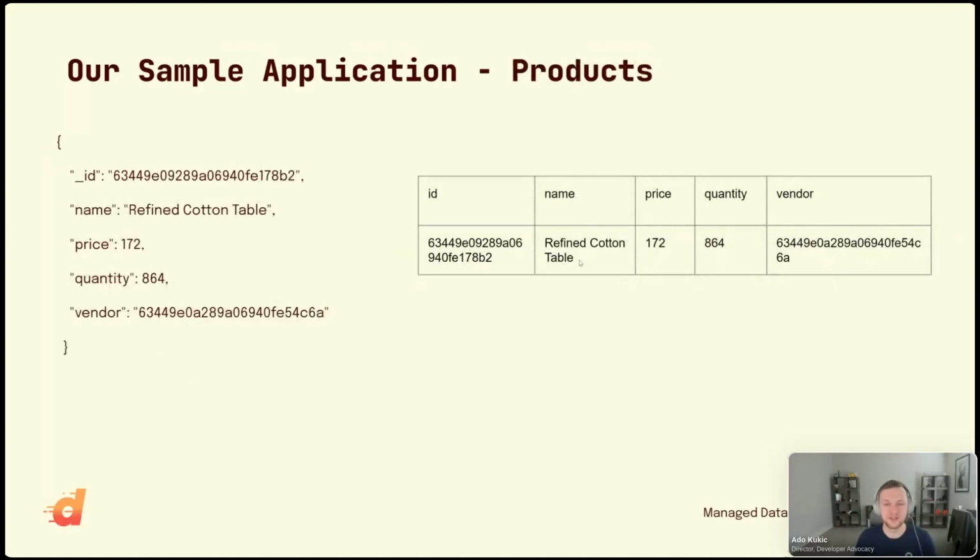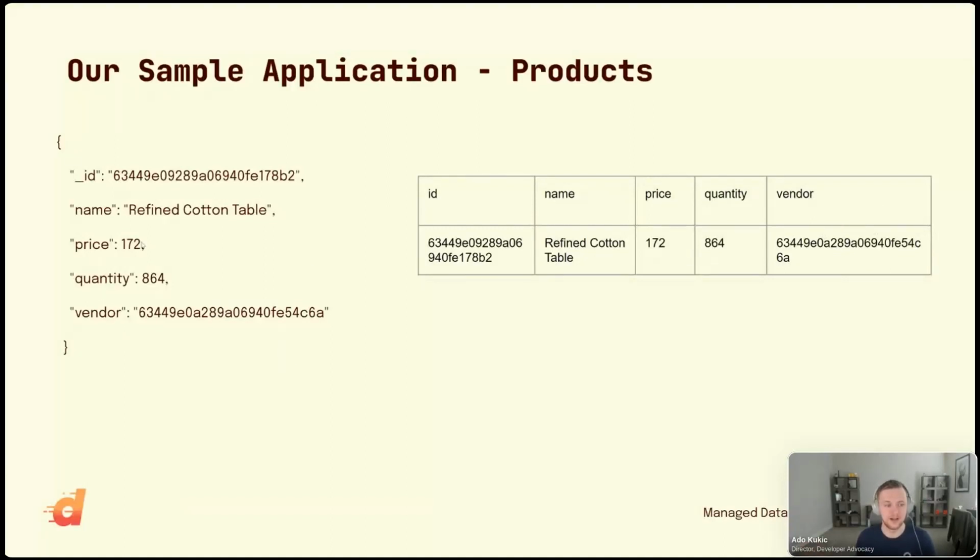On our products table or our products collection, we're going to have the name of the product, their price, their quantity, and who the vendor is. In my case here, I represented the vendor as an object, basically as an ID. In the traditional SQL world, whether it's MySQL or Postgres, you would do this often because you would want to normalize your data in a way where vendors would be represented in a different table.